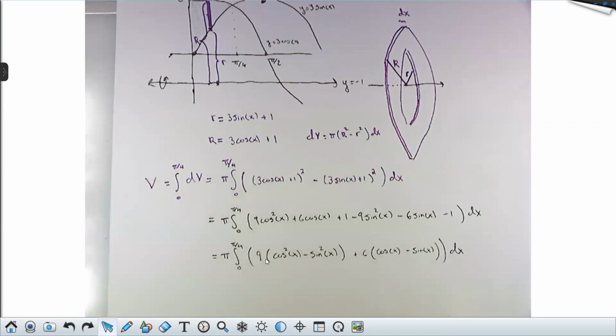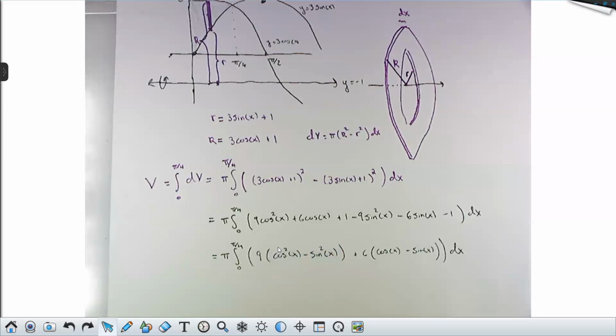The standard way we would jump in here is to integrate each of these separately, sine squared and cos squared. We would use a half angle identity on each of these. Rewrite this as 1/2 times 1 plus cos 2x, and this as 1/2 times 1 minus cos 2x.